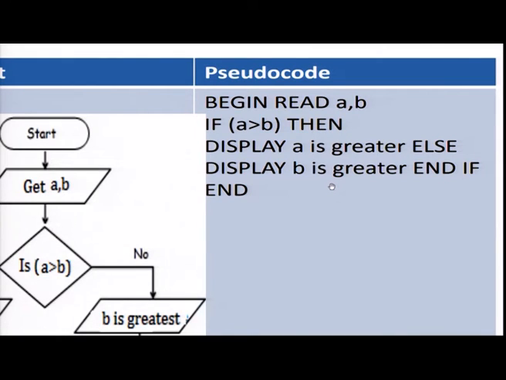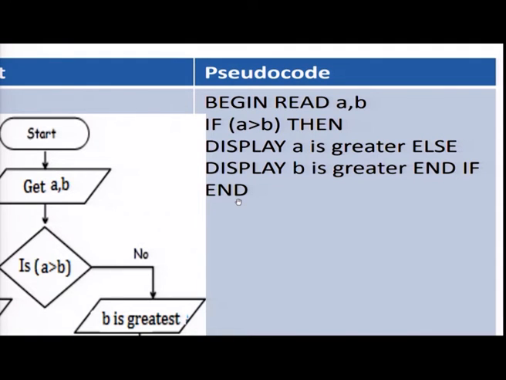Since you have used the keyword if, my dear viewers, kindly pay attention, you are supposed to end the keyword if with one other keyword called end if. And since you have used begin, you are supposed to close it with end.